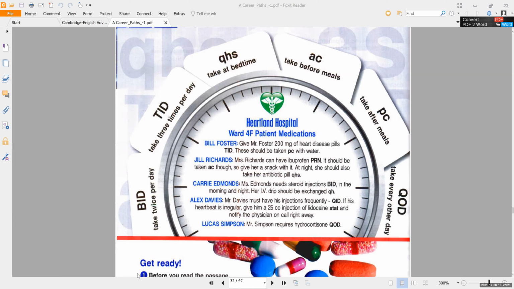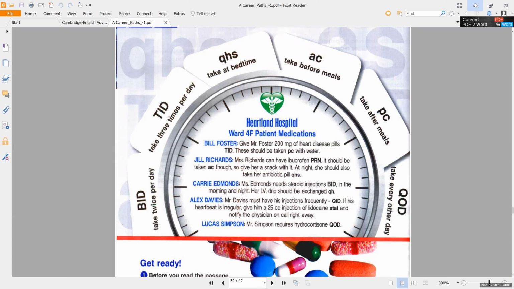Unit 14, Describing Frequency. Exercise 5, page 31. BID, take twice per day. TID, take 3 times per day. QHS, take at bedtime. AC, take before meals. PC, take after meals. QOD, take every other day. Heartland Hospital, Ward 4F, Patient Medications. Bill Foster. Give Mr. Foster 200 milligrams of heart disease pills, TID. These should be taken PC with water. Jill Richards.